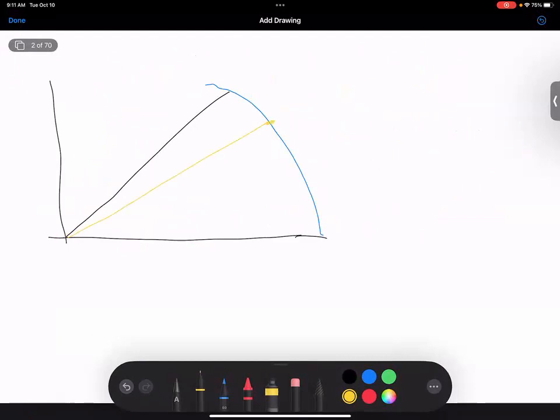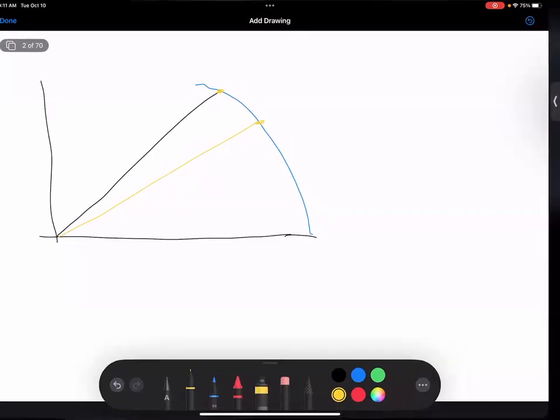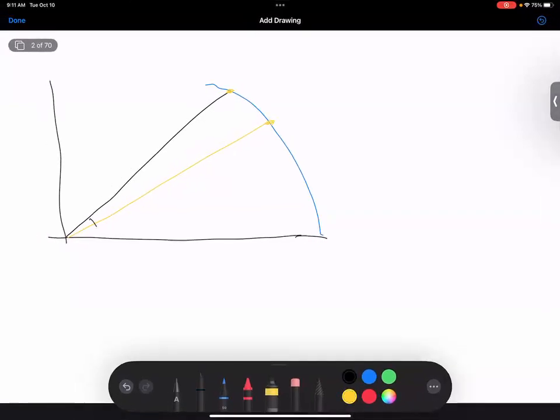I'm going to break the arc into 2 parts. So the big angle is pi over 4. The smaller angle, let's call it pi over 4.